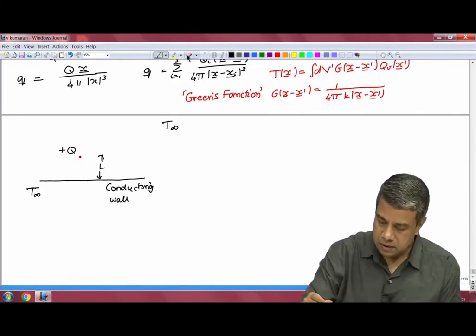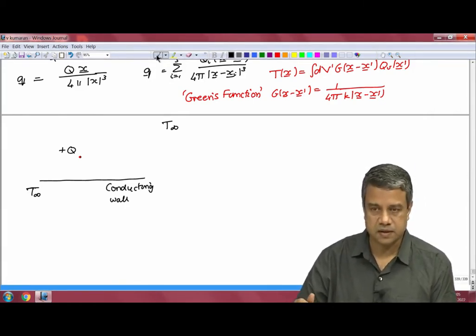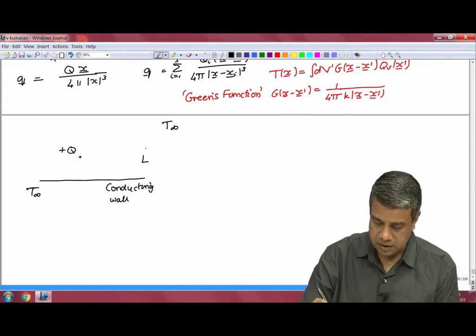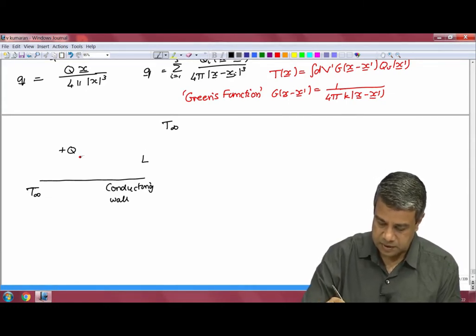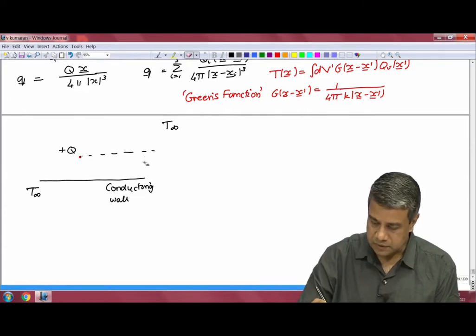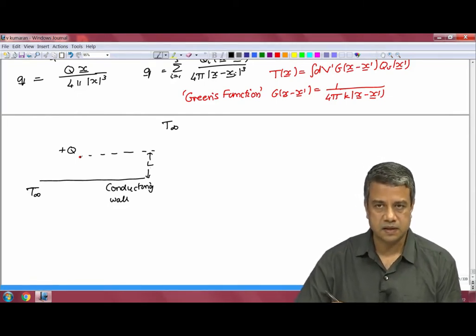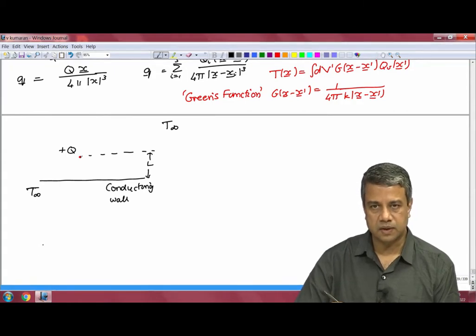Now, if the wall is perfectly conducting, then there is no flux along the wall, because the temperature is a constant along the wall. In the direction parallel to the wall, the temperature is perfectly a constant. Therefore, there is no temperature variation parallel to the wall, and therefore, the variation in temperature is necessarily perpendicular to the wall.